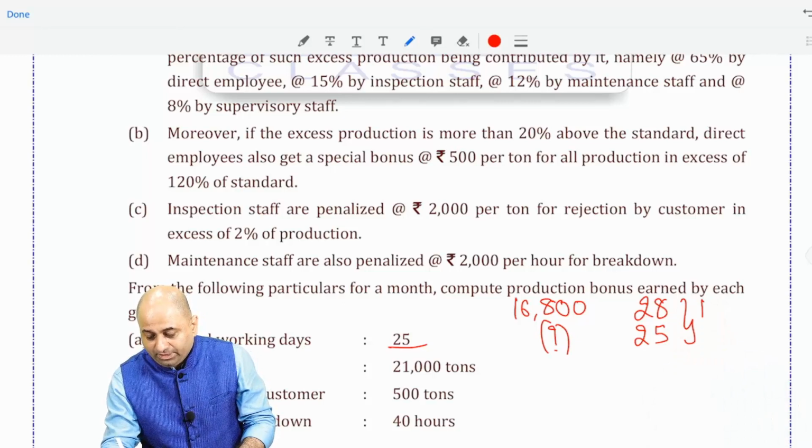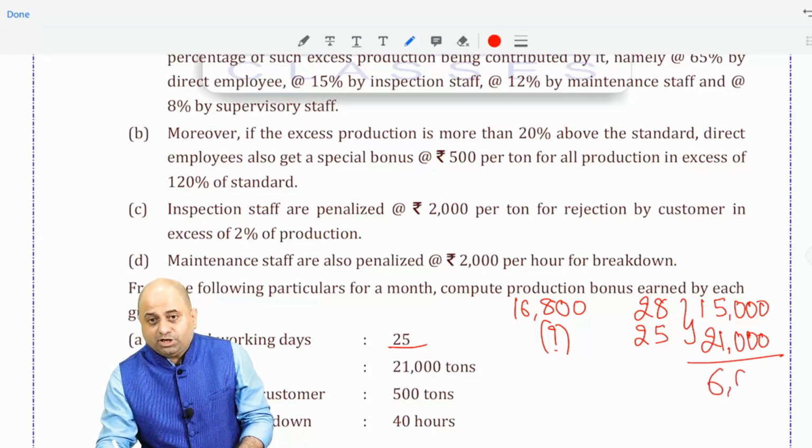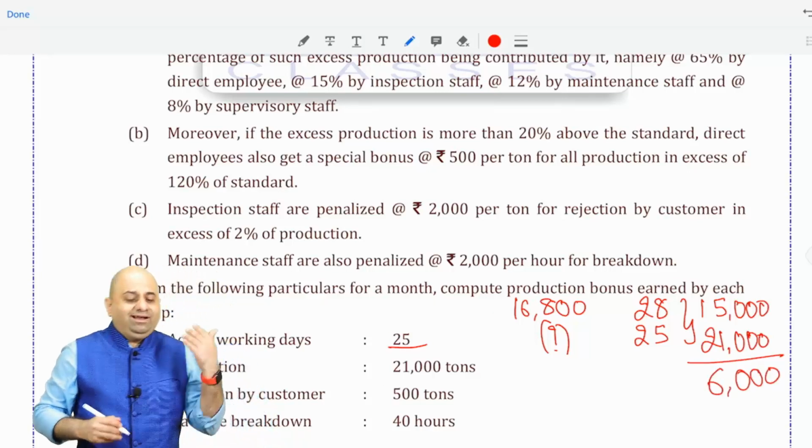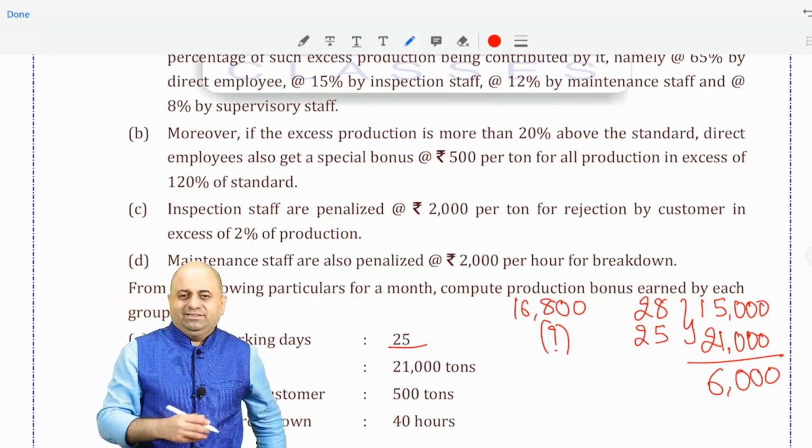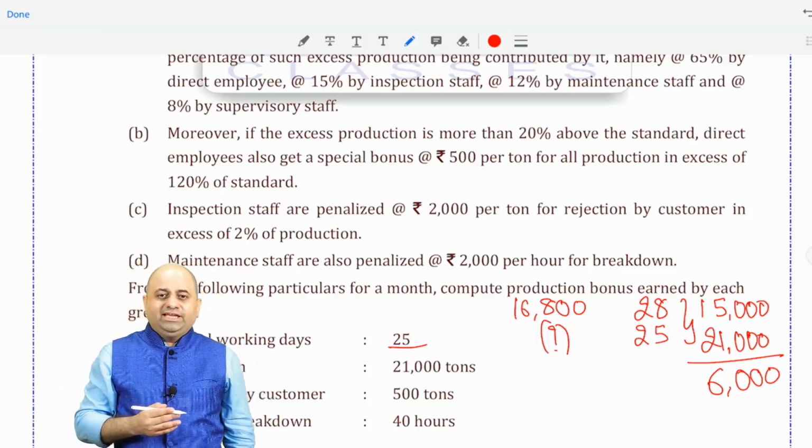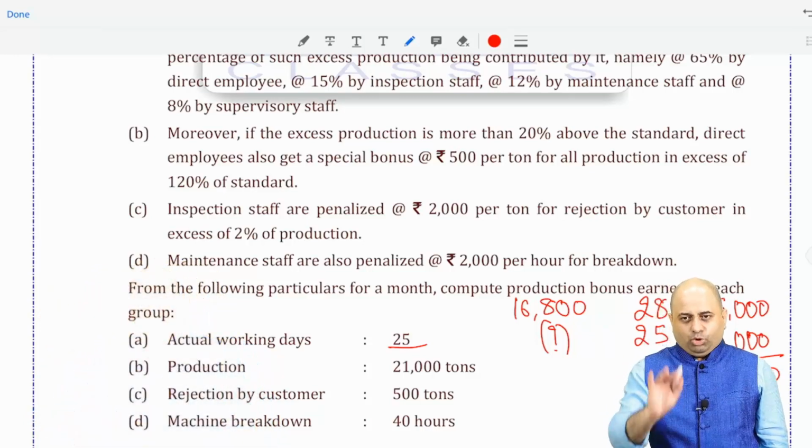When you compare, you get 15,000. Naturally, you compare that with actual production of 21,000, excess production is 6,000. And that you multiply it with bonus, and they have given the various percentages in which you divide the bonus.